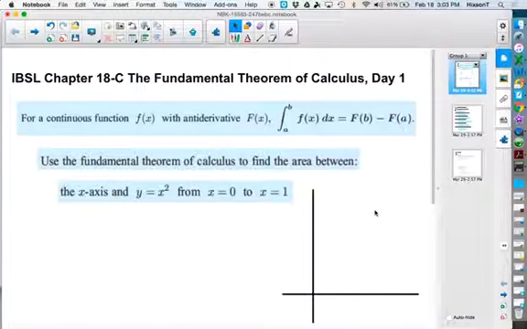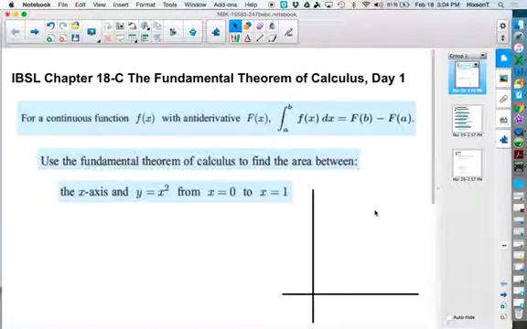And this is finding the area under a curve, which we said is what an integral does, within a specific interval, okay? We already talked about indefinite integrals, and that's when we had that plus c, because we didn't know exactly where we were finding the area.